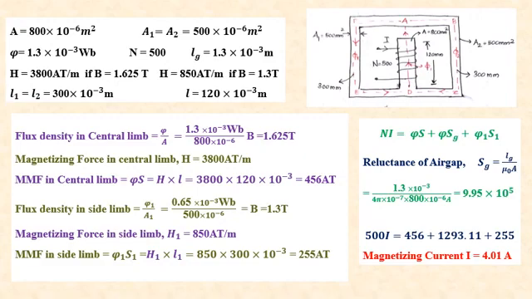The third thing you have to check is whether the dimensions of the core are given or the mean length of the flux path is given directly. If the mean length is given directly, no problem. But if the dimensions of the core are given, we need to find the mean length of the flux path from them.